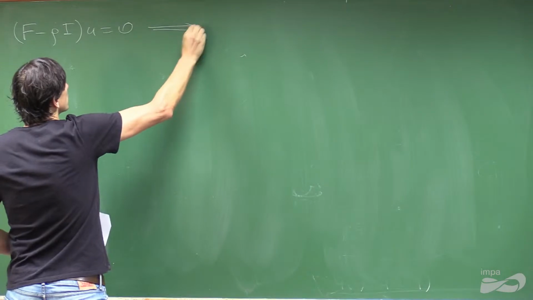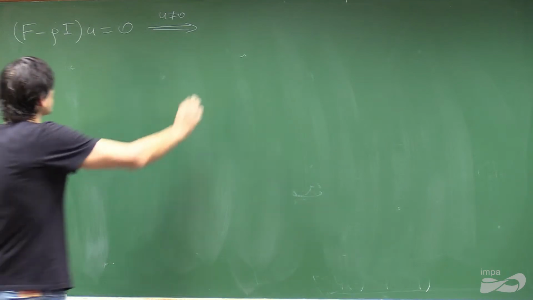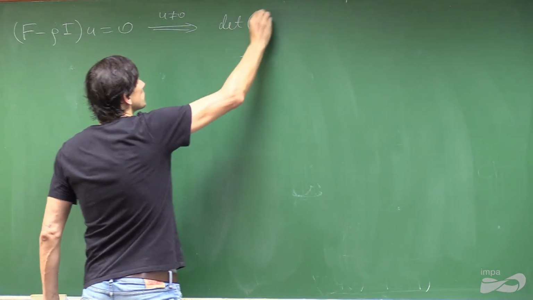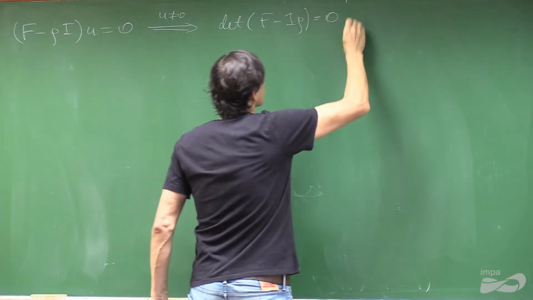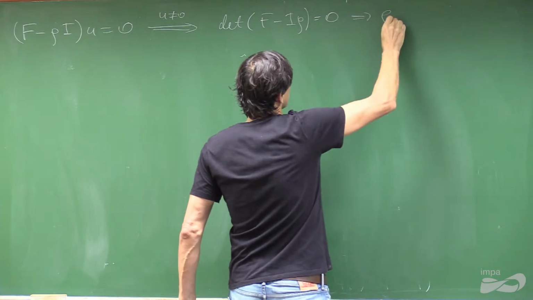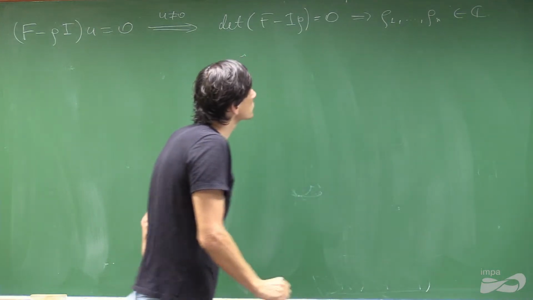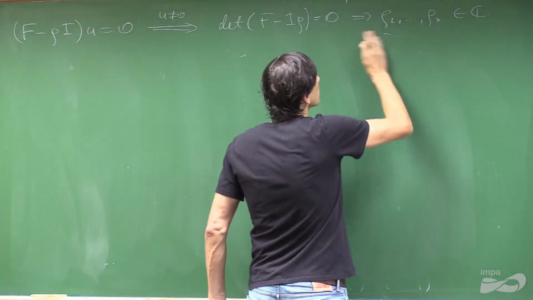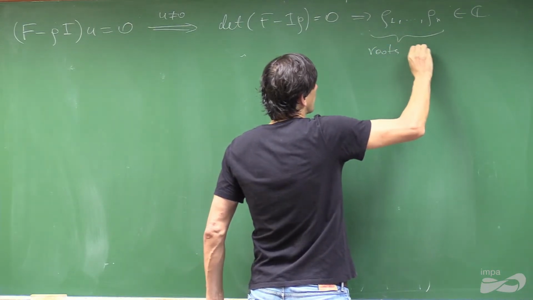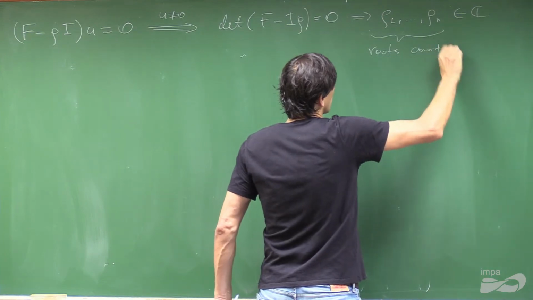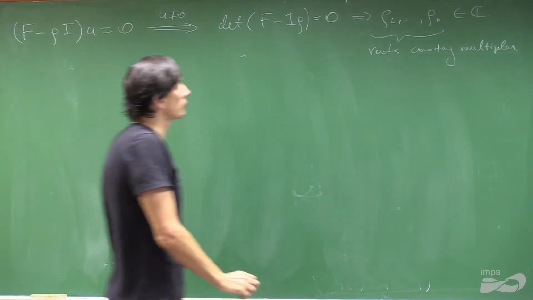And since u is not zero, so we're not interested in the zero solution, then we know that the determinant of this matrix should be 0, which gives us n complex roots, counting multiplicities. So they can be multiple.